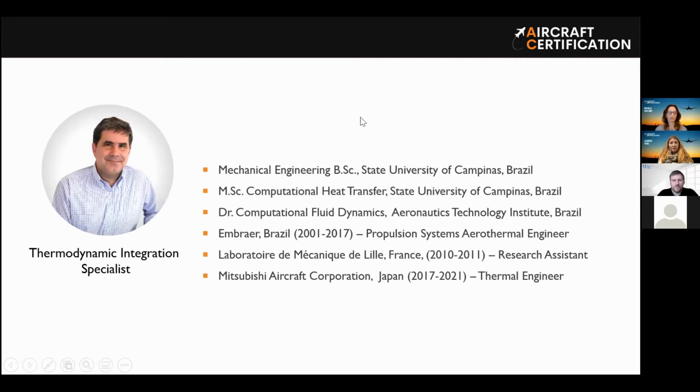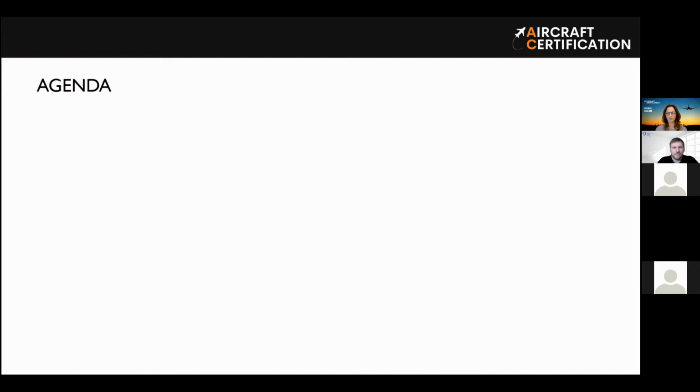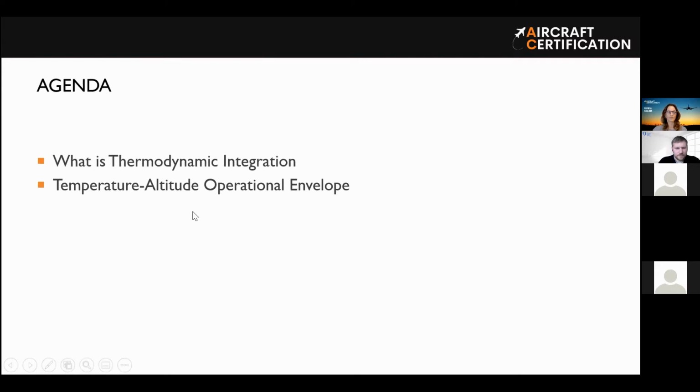Now, if we go to the agenda, the idea today is that we try to discuss what this thermodynamic integration is. After that, we will talk about the operational envelope of the aircraft, the thermal operational envelope.